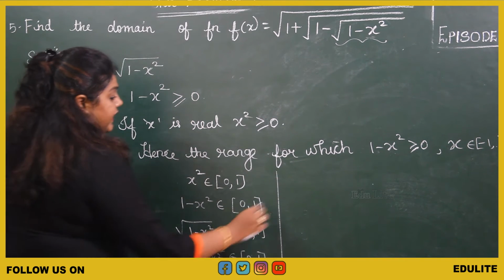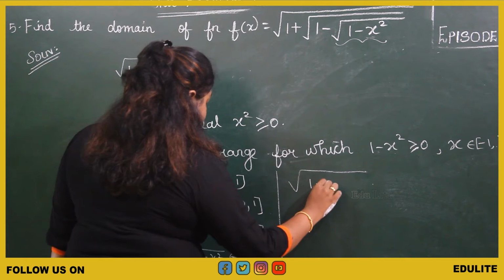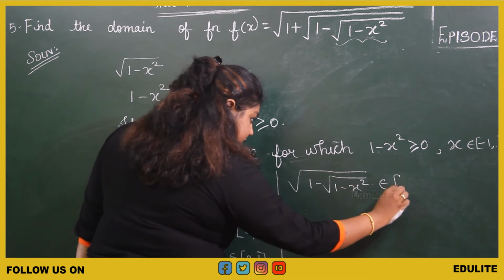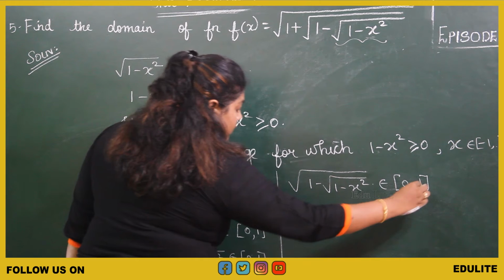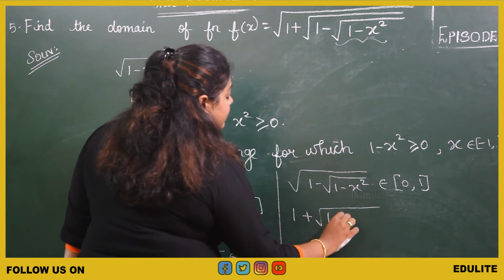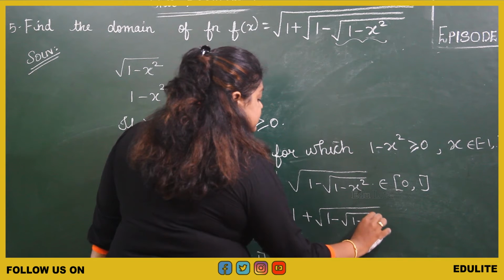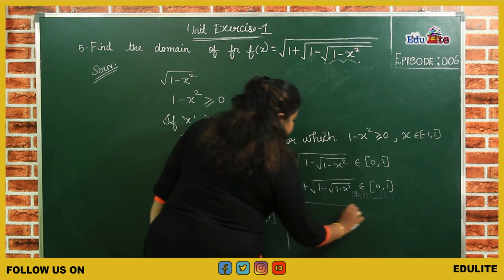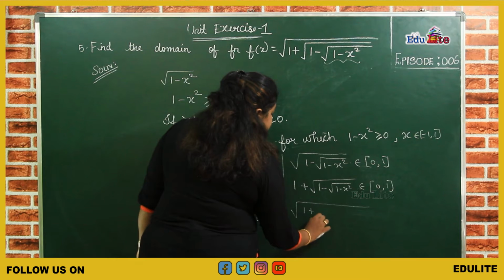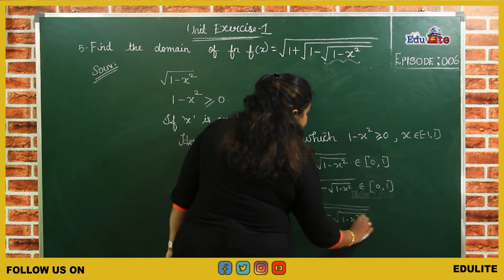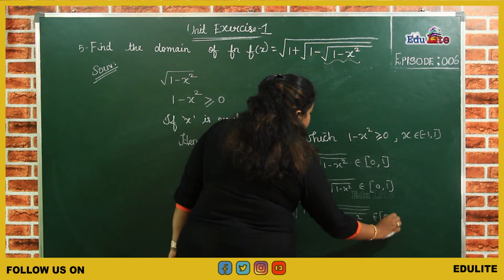Next, the square root of 1 minus square root of 1 minus x square will again range between 0 and 1. Next, 1 plus square root of 1 minus square root of 1 minus x square again ranges between 0 and 1. The square root of 1 plus 1 minus square root of 1 minus x square will also range between 0 and 1.